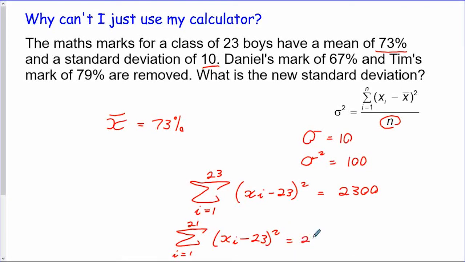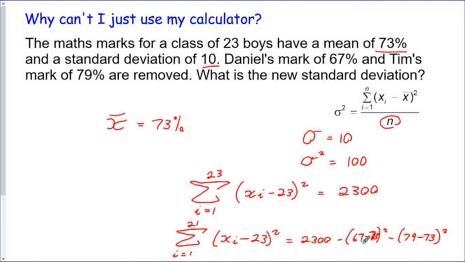we're going to get our 2300, but we now need to minus Daniel's mark minus the mean, and Tim's mark minus the mean. So Daniel's mark is 67, minus the mean is 73, and 79 minus 73.